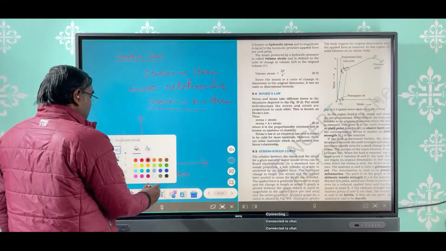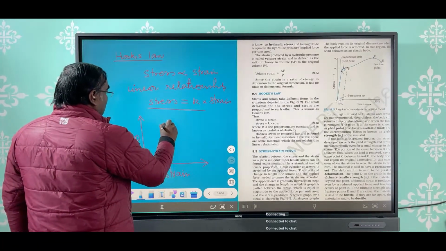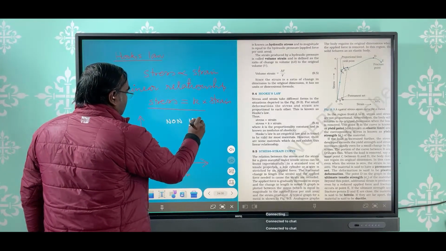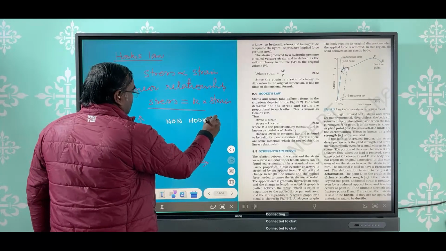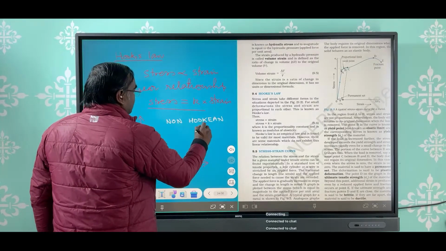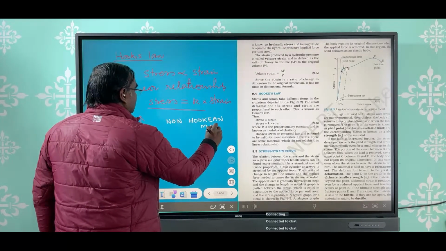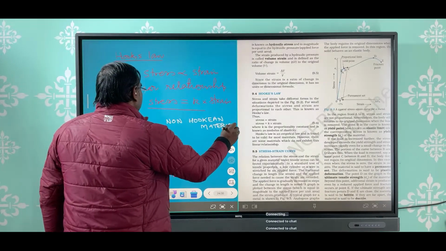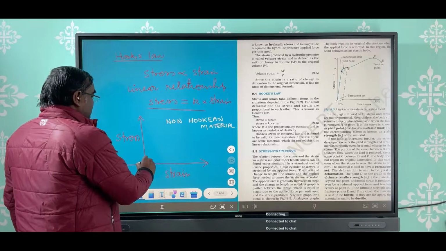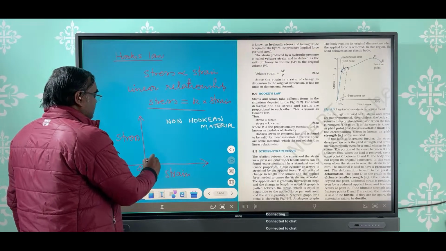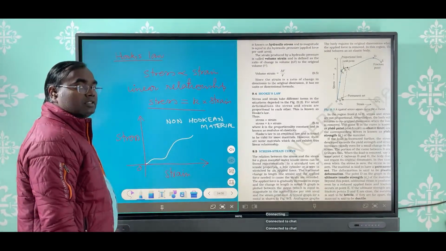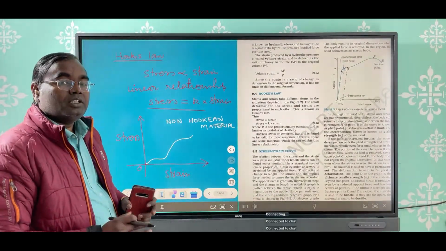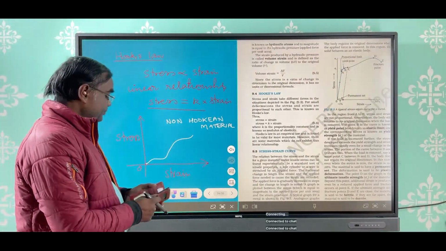The material is called non-Hookean material or solid, right? So in this case, the curve may be like this, that is curved, not the straight line. The graph will be obtained for the non-Hookean material, right?